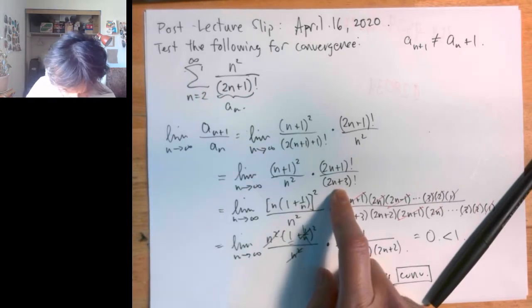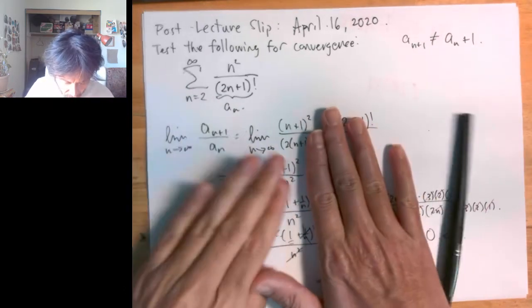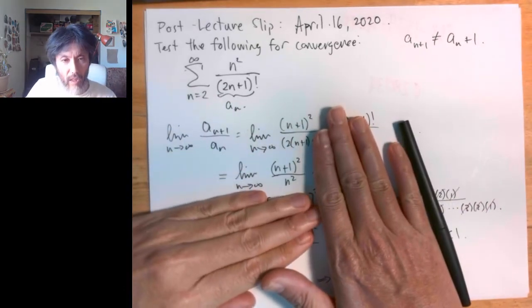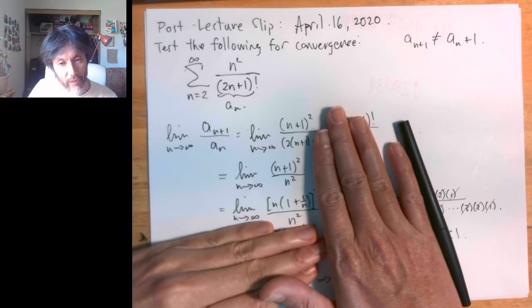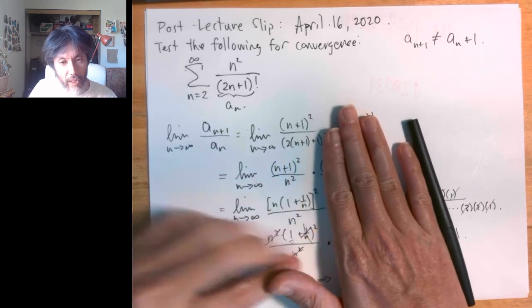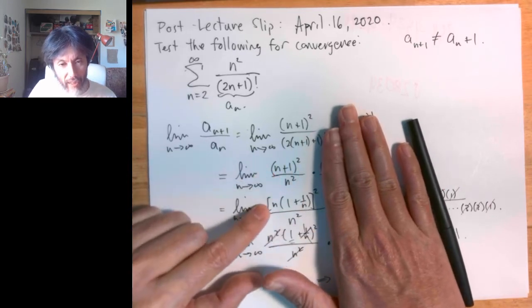Okie doke. Thinking about this limit right here, I hope that you're at the point in your life where you can say more or less immediately that that limit is 1, but if you want a justification, what I would do is factor out from the n plus 1 an n.